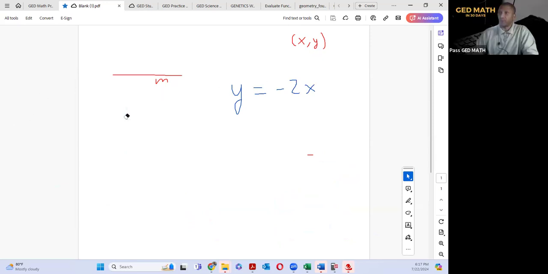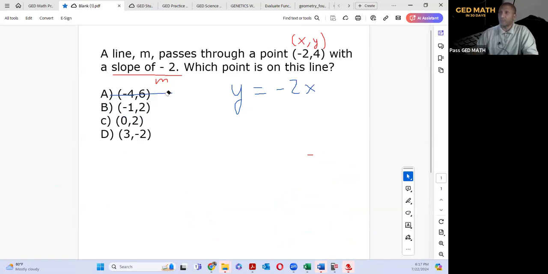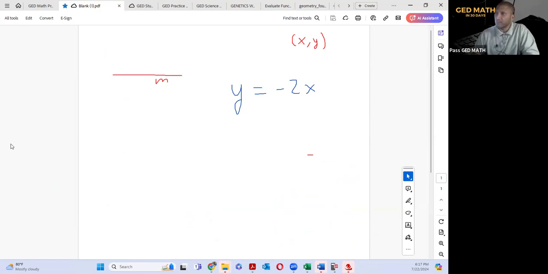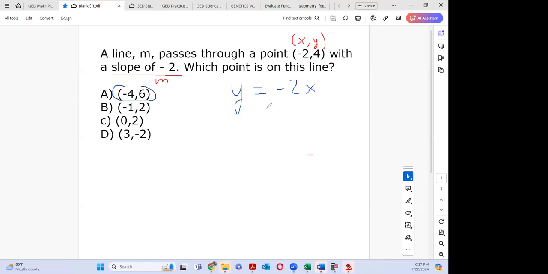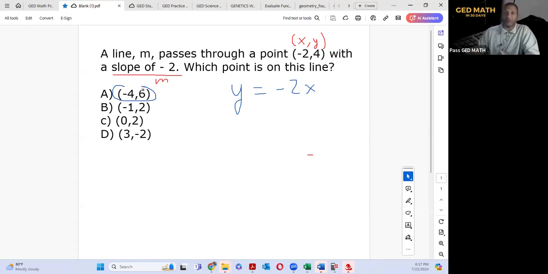Now what we're doing is plugging each point into the equation to see if it holds true. So when you look at that first point, what's my x value?